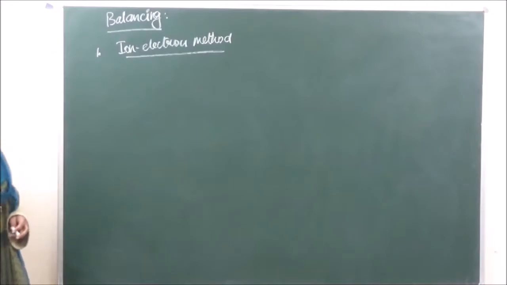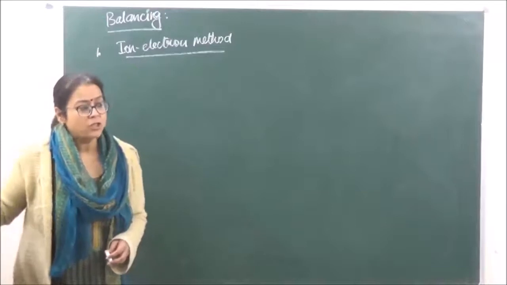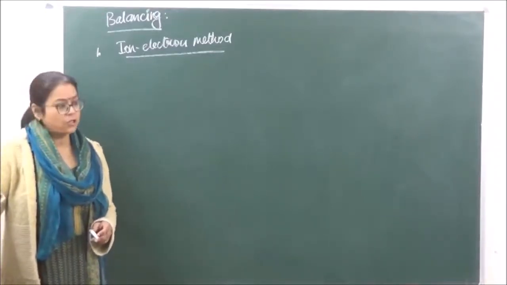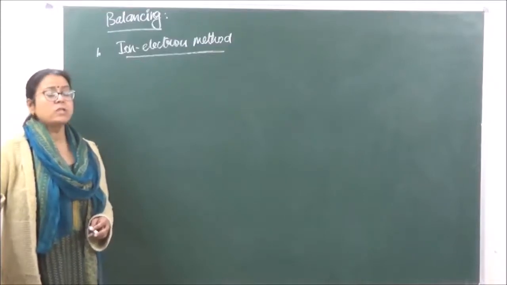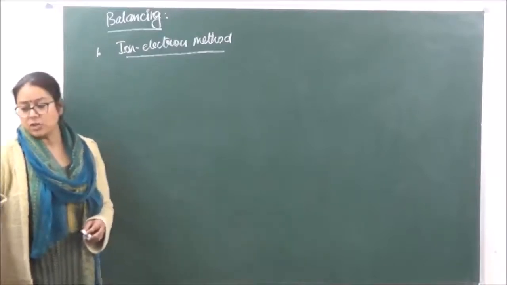In this case we know that any redox reaction is going to have two types of reactions, one known as oxidation and the other known as reduction. So in this method we are going to separately balance the oxidation half reaction and the reduction half reaction.